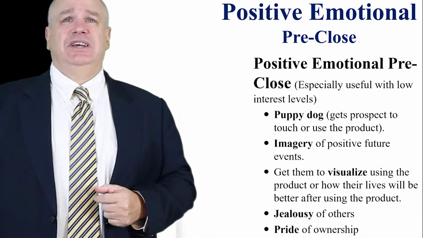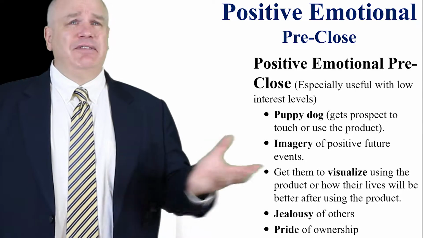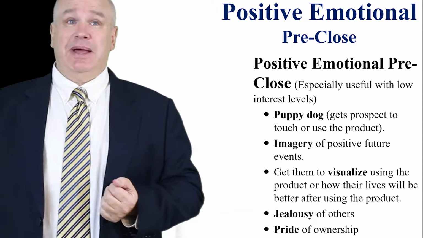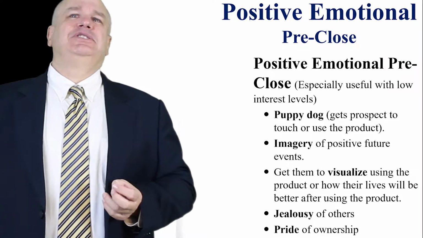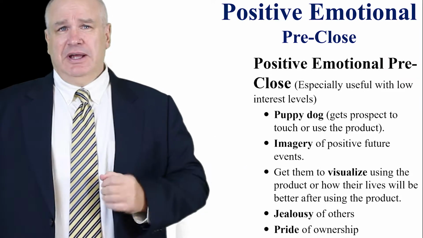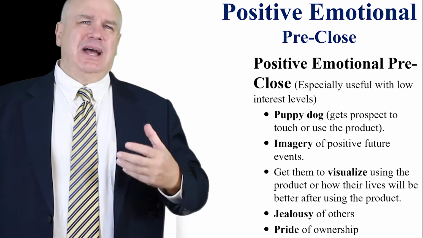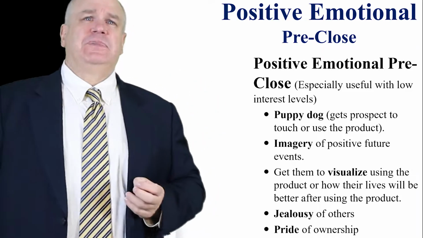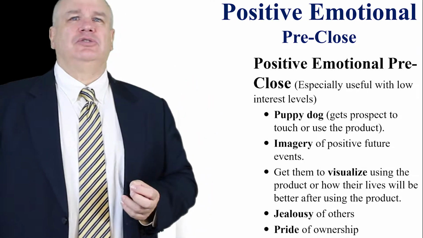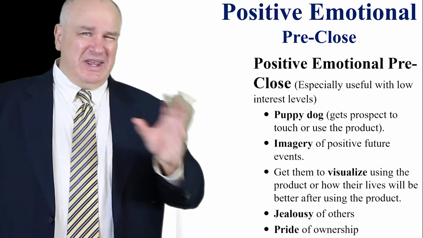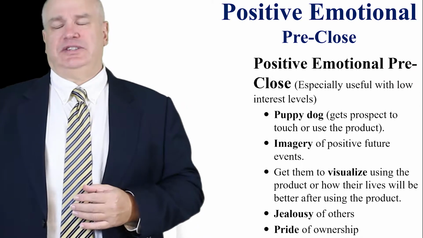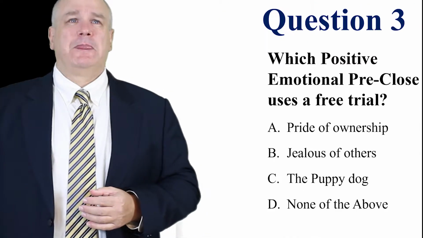The salesperson tells the customer that if they do not love the puppy on Sunday, they can bring the puppy back on Monday. The puppy dog is used by business equipment salespeople, jewelry salespeople, etc., but sometimes is accompanied by a deposit of some type. Positive emotional pre-closes tend to work well with low-interest buyers as well as with amiable personalities or expressive personalities.